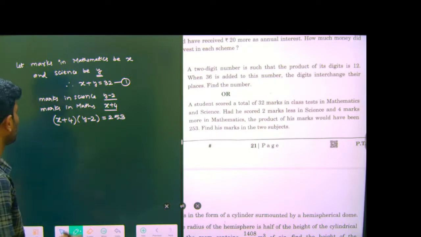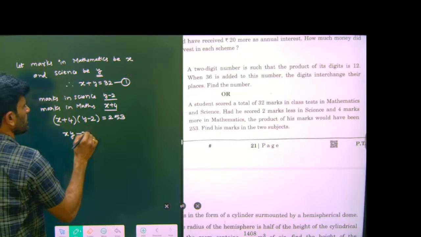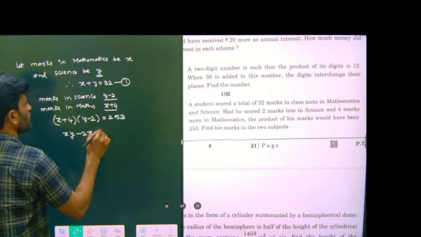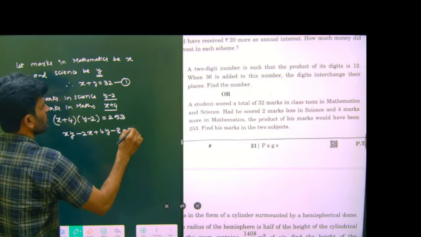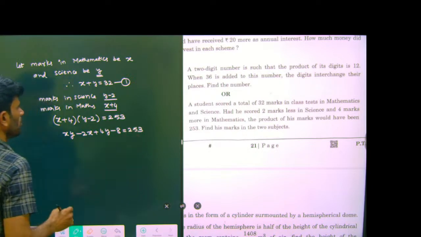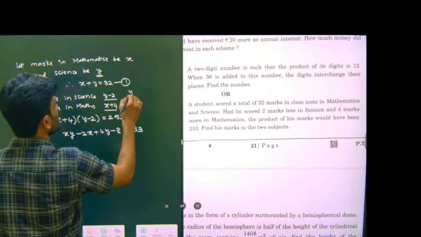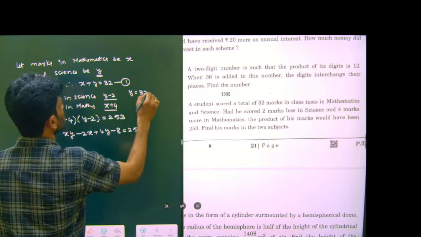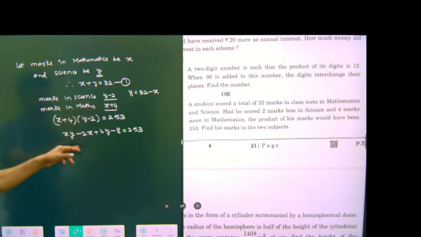Now we have to multiply it. x into y, xy, x into minus 2, minus 2x, 4 into y, 4y, 4 into minus 2, minus 8 is equal to 253. Now from equation 1, we get y is equal to 32 minus x, that we have to substitute here.